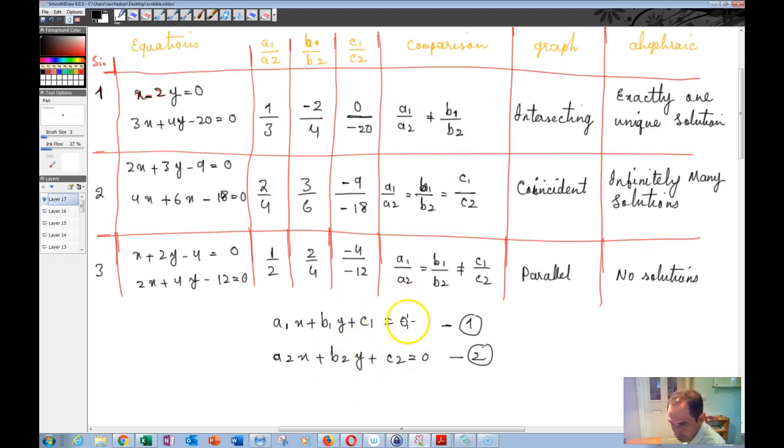If these two lines are coincident, as you can see here, a1 to a2 is equal to b1 to b2 is equal to c1 to c2.